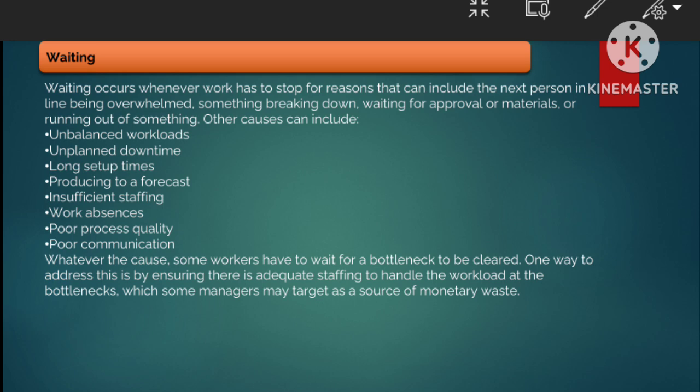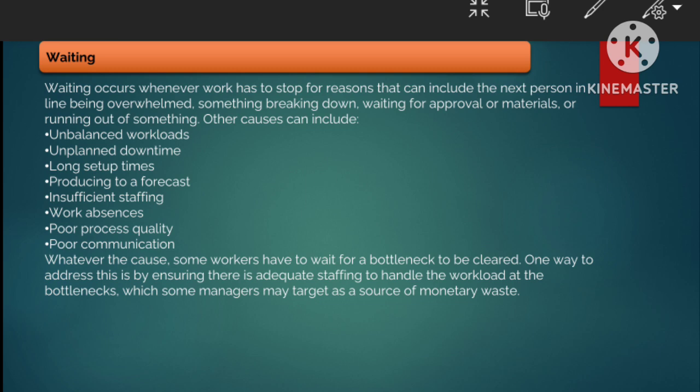There are many types of waiting you can have in the organization, and you need to find those. What are those waiting periods that lead to waste in the organization? If I have to tell you a tool which can help you to identify and eliminate or reduce waste, you can go for value stream mapping.